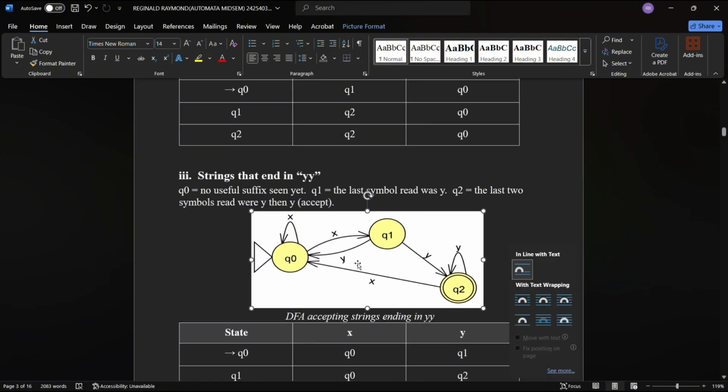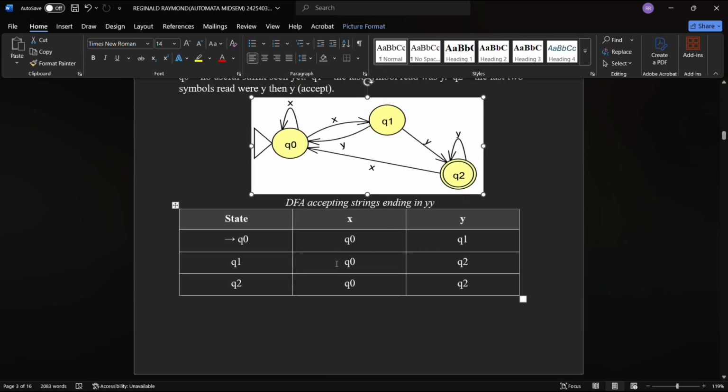With the YY, this is a transition table for the DFA accepting strings ending in YY. This is the initial state, Q0, and the final state is Q2. You can see over here that the initial state when it receives X stays on Q0.